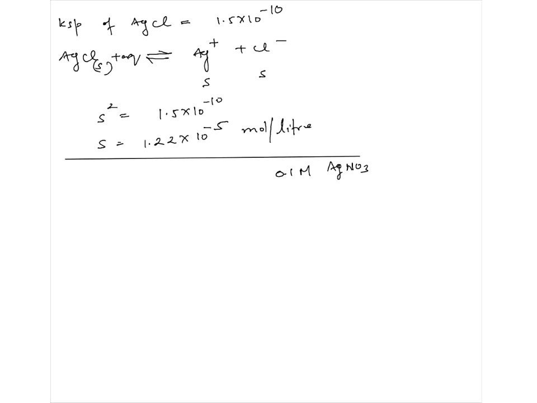Now while a lot of silver salts you will see in this discussion of solubility product, there is no problem with silver nitrate. Silver nitrate is single arrow. Now we are interested in the solubility of AgCl, and we expect that the solubility of AgCl should fall in the presence of silver nitrate.